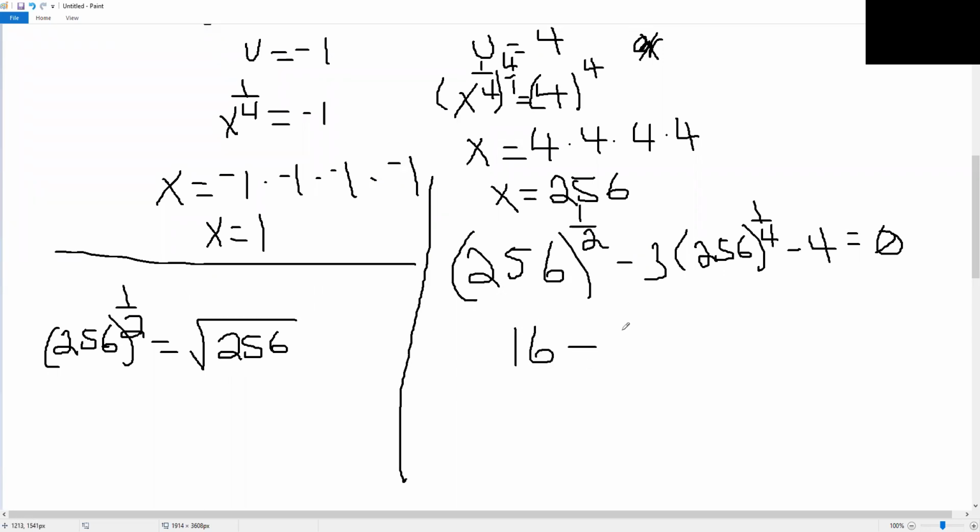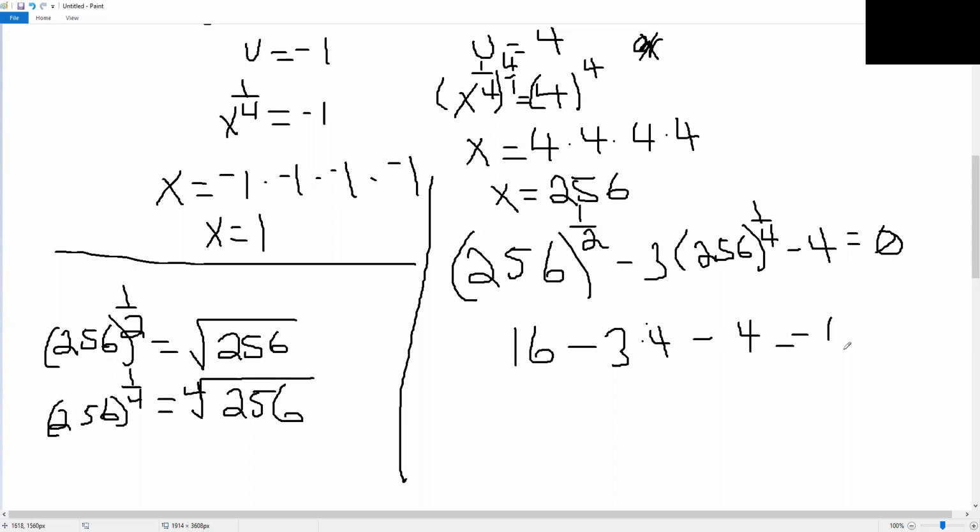So 16 minus, now 3 times 256 to the 1/4 power is basically this right here. You can do that in a calculator. So if you plug that into your calculator, you'll get 4. So that's 3 times 4 here. Minus 4 equals 0.